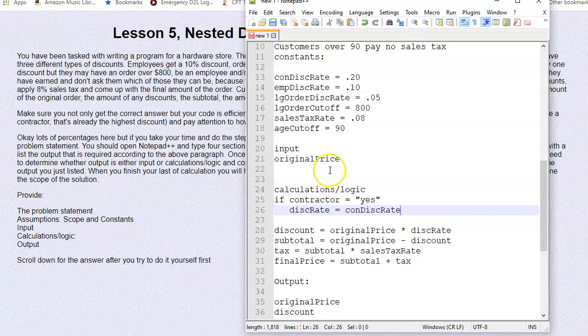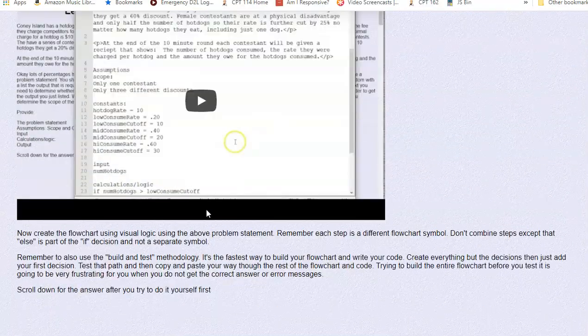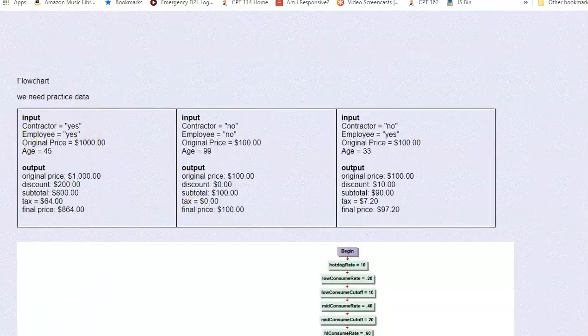And I could use something different than contractor. I don't know what I would ask, but you can't ask what type are you, contractor or employee, because they can be both a contractor and an employee, because that's what we have down here in our practice data. It shows that this person is a contractor and an employee, so I can't ask the same question.